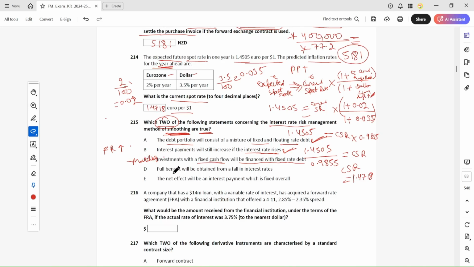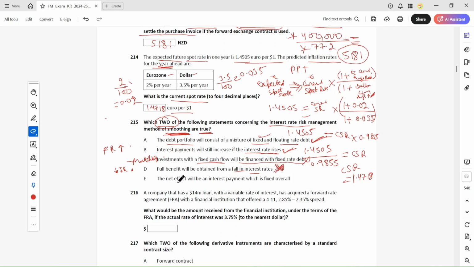Full benefit will be obtained from a fall in interest rate. No, because even if the interest rate falls to zero, we have a fixed rate obligation and we have to pay the fixed interest. So full benefit cannot be obtained from a fall in interest rate.